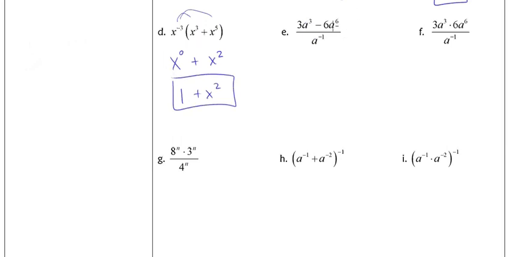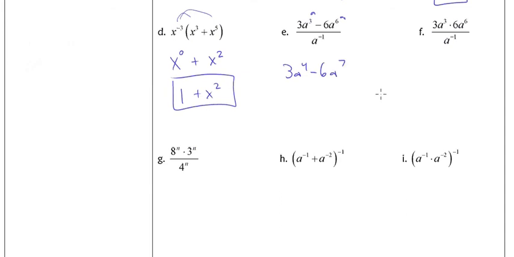All right, E here. So a to the negative 1 is going to be moved up to the numerator as a positive a. So a and a are multiplied by both those terms there, and we have 3a to the 4th minus 6a to the 7th.